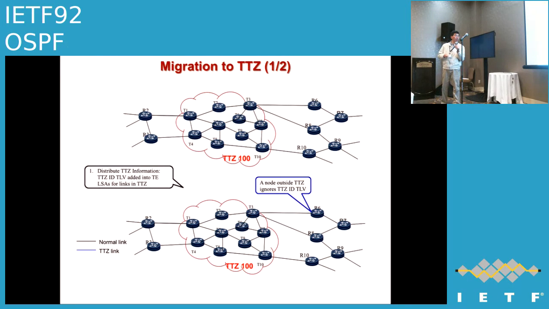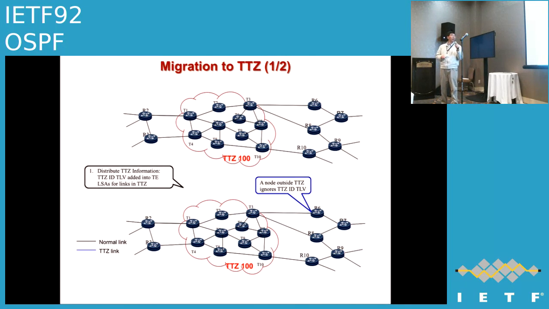Each node inside the TDZ will distribute a TE LSA with this additional TLV. Any node outside will ignore this TLV because it is new and they don't know it. But inside the TDZ, nodes will know because they are TDZ aware.